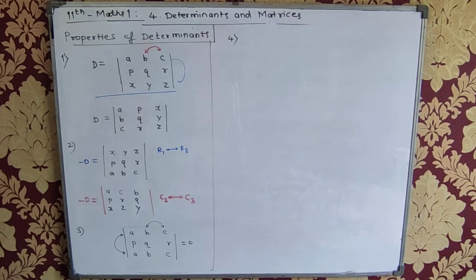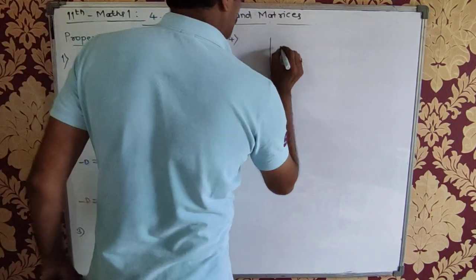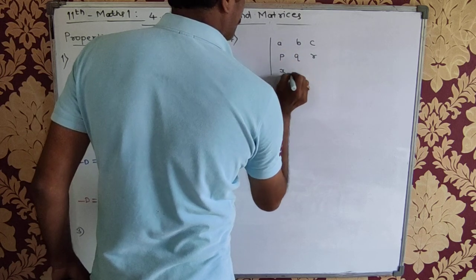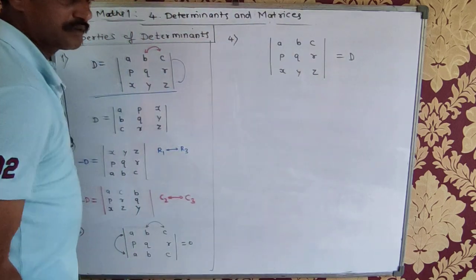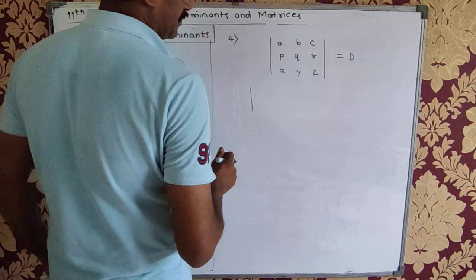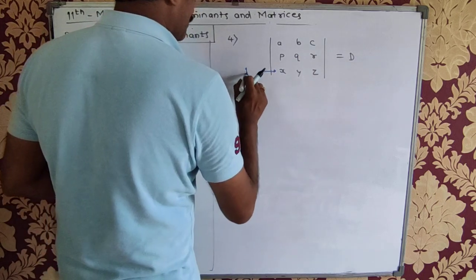Fourth property. Suppose there is a determinant A, B, C, P, Q, R, X, Y, Z, and its value is equal to D. Now suppose for any row or column, I multiply every element by some constant.